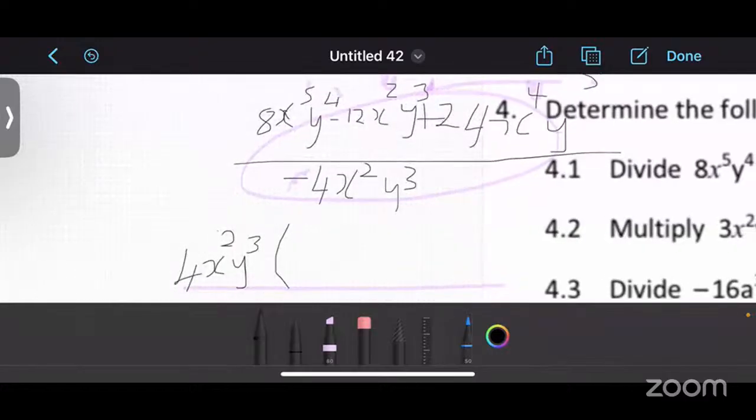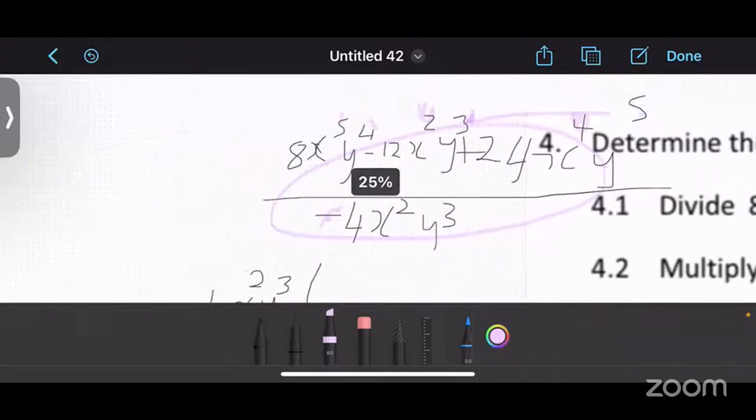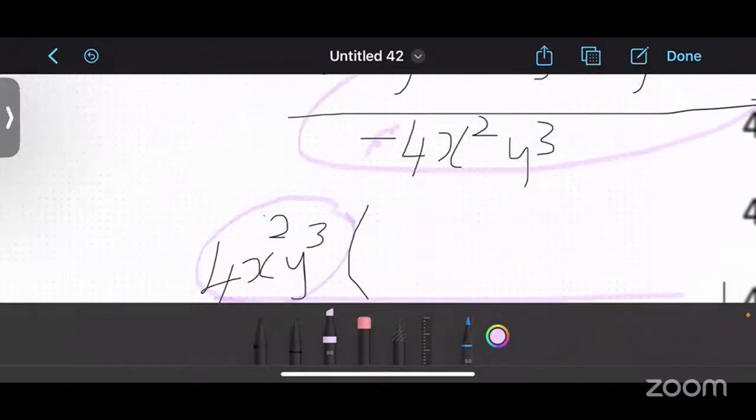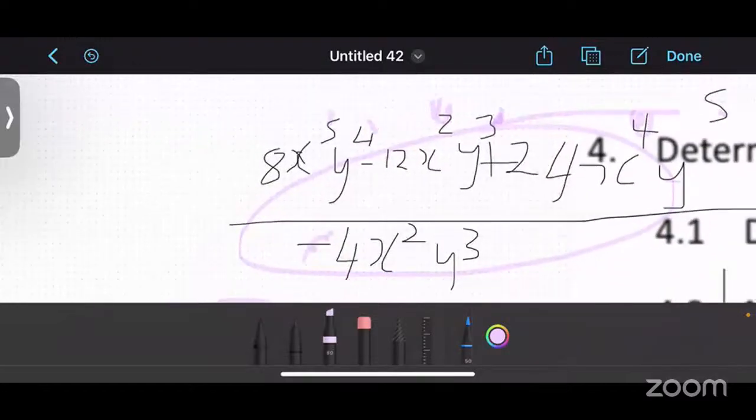So whatever you put in the bracket, you're telling yourself, what is it that I can multiply this common factor with for me to get 8x to the power of 5, y to the power of 4?